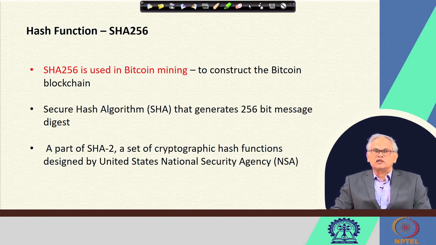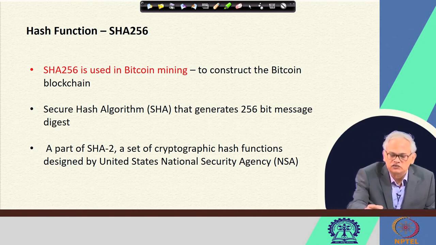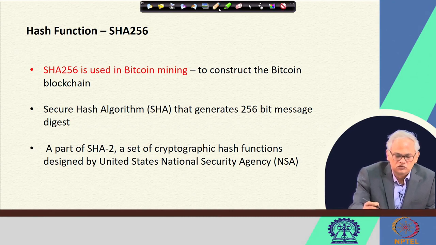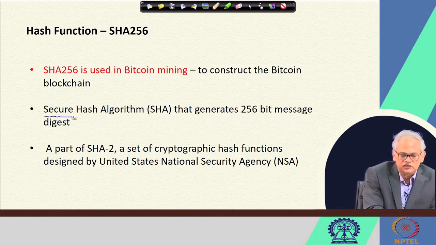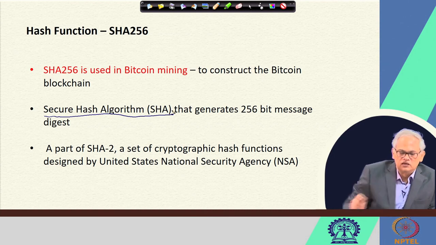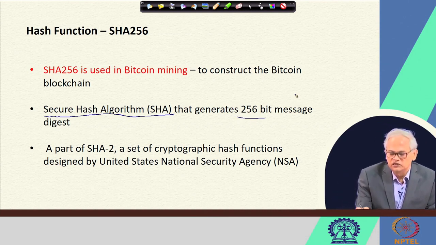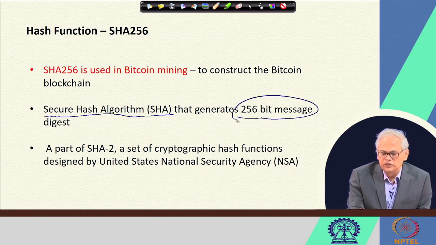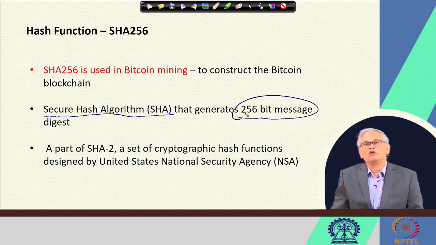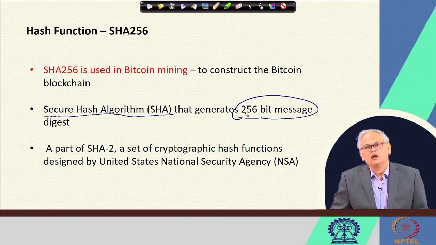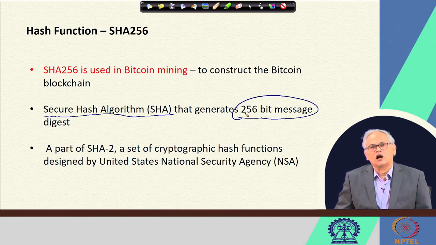SHA, of course, stands for secure hash algorithm, and it generates a 256-bit message digest, which we have mentioned. That means that independent of whatever the input length of the message is, the output is always going to be the same, that is, 256 bits.